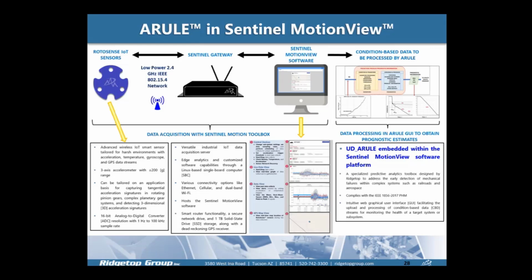It fully complies with 1856-2017 that White talked about earlier, and has an intuitive web graphical user interface, so that one can upload sensor condition-based data and monitor the health of a target system or a subsystem. Next.